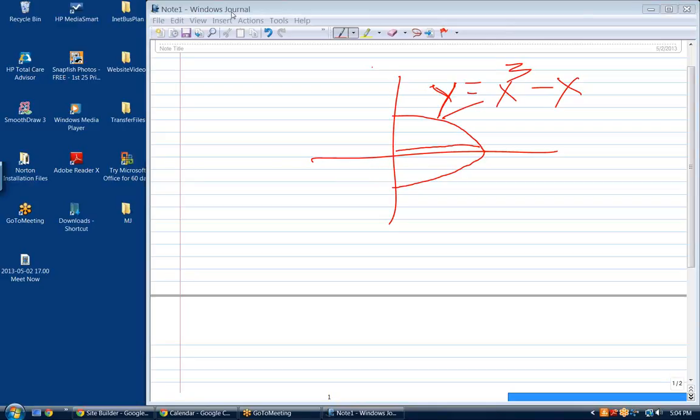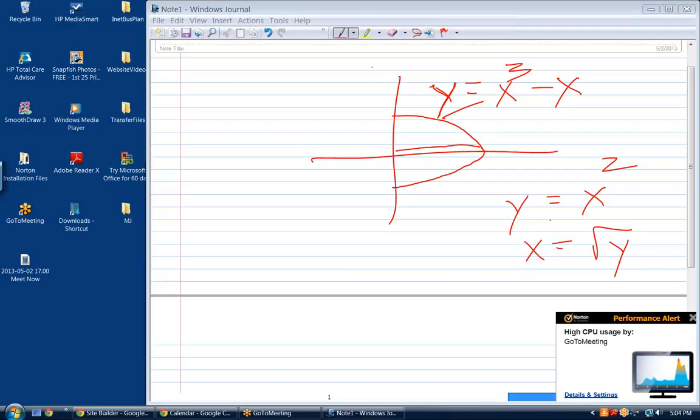But if the function is y equals x squared, I can define that as x equals square root of y, so you could use either one, since it can be defined as a function of x or a function of y.